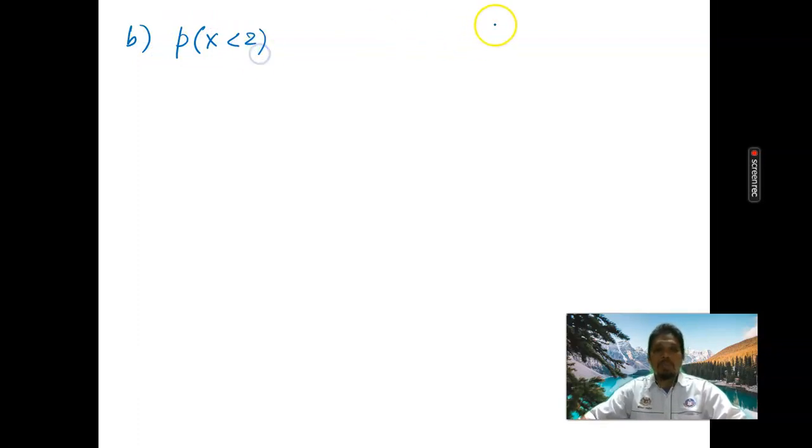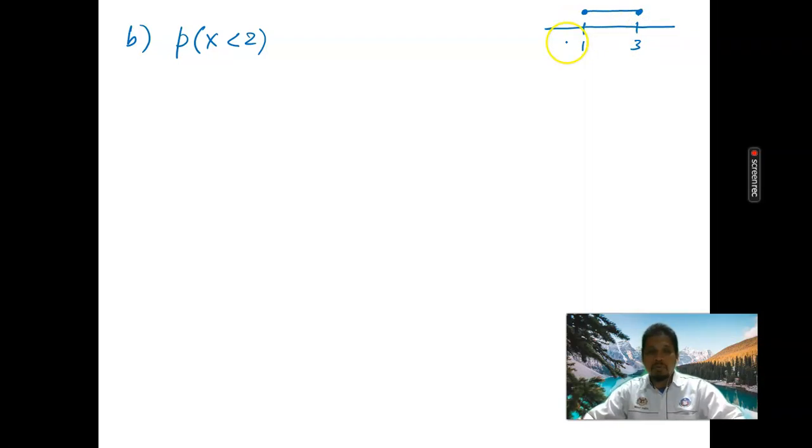Okay, next, for question B, we need to find the probability of x less than 2. Just now we have sketched using the number line where the function of f(x) is from x equal to 1 until x equal to 3, the function of 1 over 4 times (4 minus x).